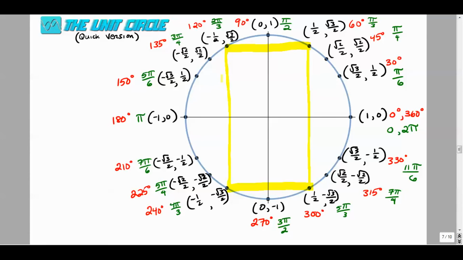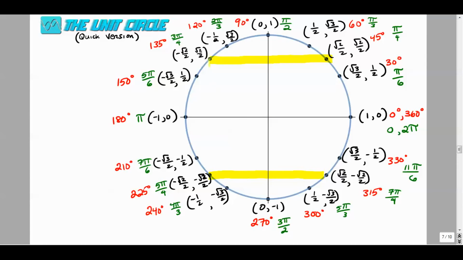But if you look at the 45 degree family, right, that creates a nice square. So all those values are radical 2 over 2. So all the pi over 3 values are up here. All the pi over 4 values look like that. All the pi over 6 values look like that.